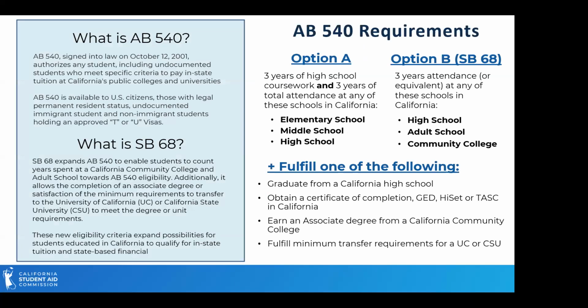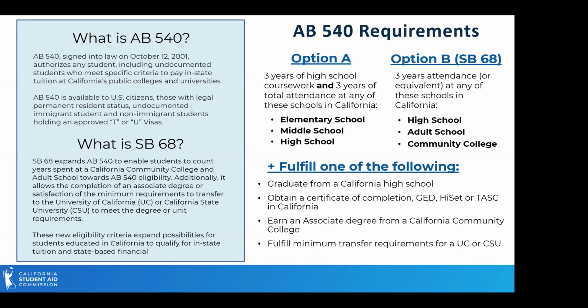So what is AB 540? To be eligible, you must meet 3 requirements to be considered AB 540 eligible. The first option is that you have 3 years of high school coursework and 3 years of total attendance at any K through 12 school, so elementary, middle school, or high school.